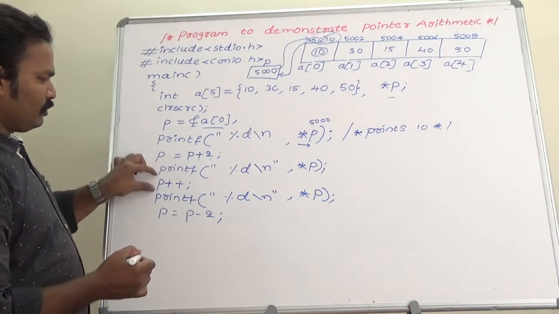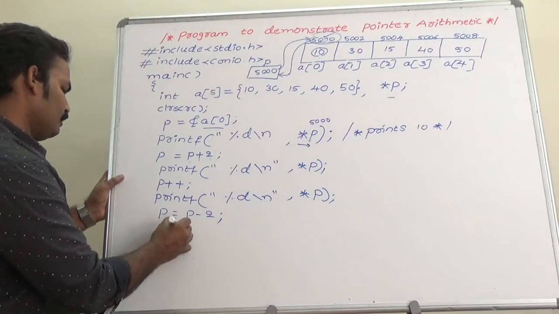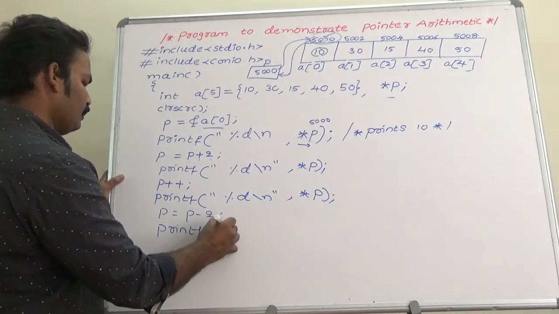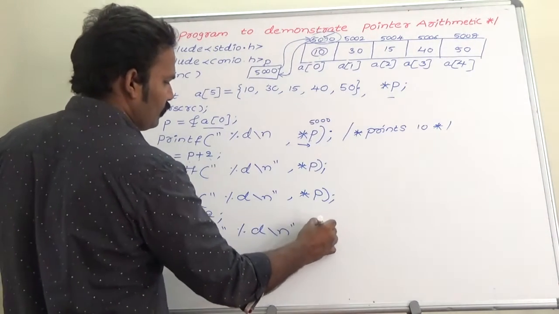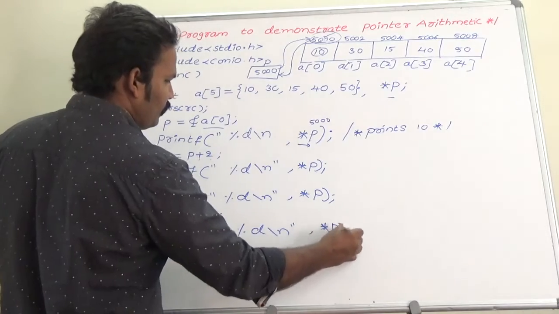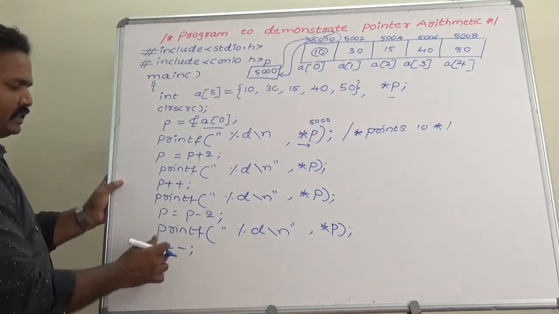All these are pointer arithmetic related statements. This is the decrement statement.